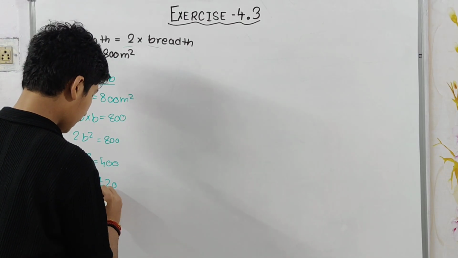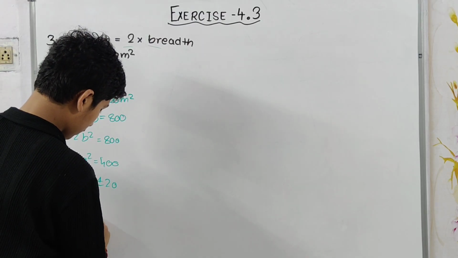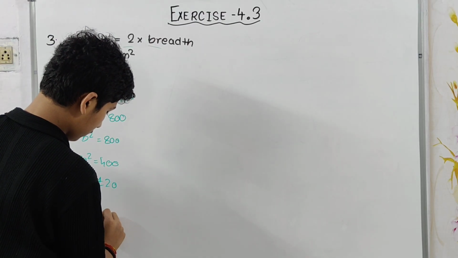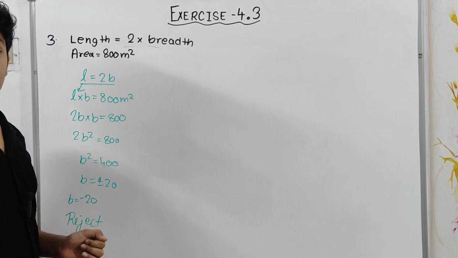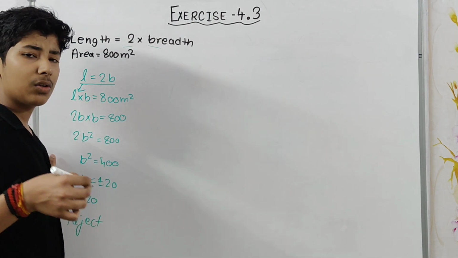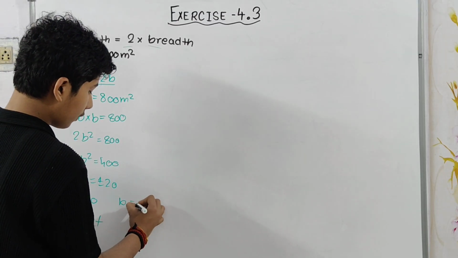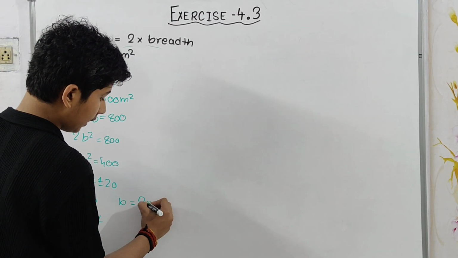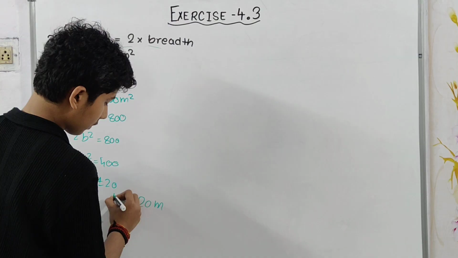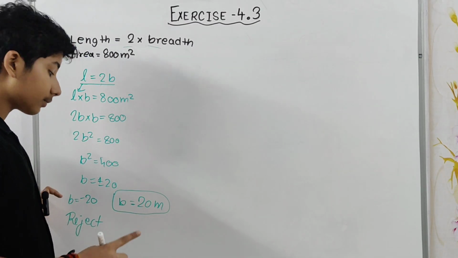But minus 20 is rejected. Why is minus 20 rejected? Because you know that distance can never be negative, or you can say length of something. So B equals 20 meters.